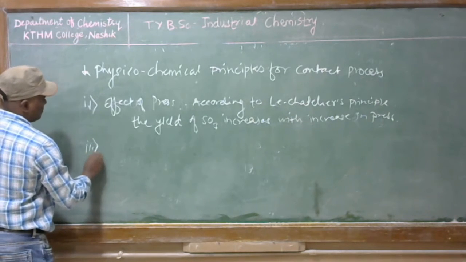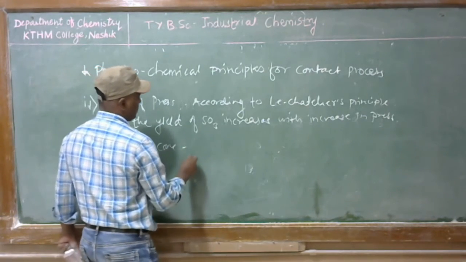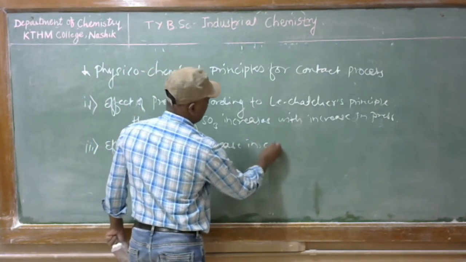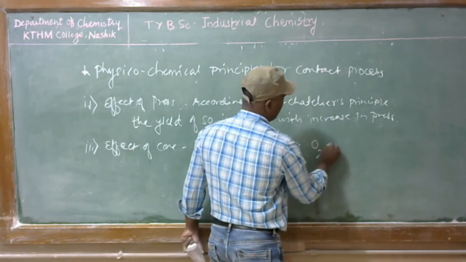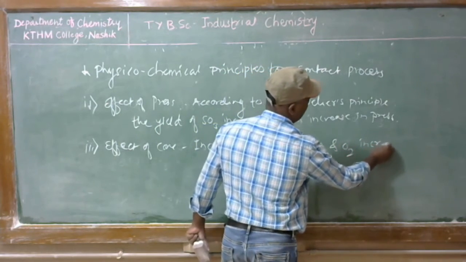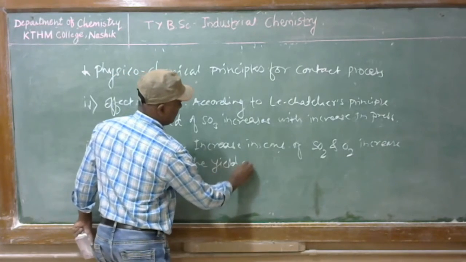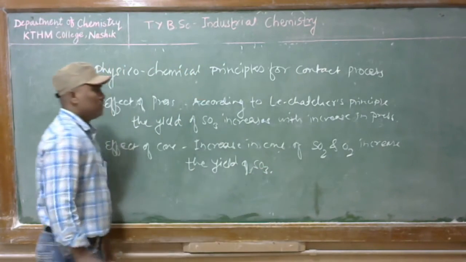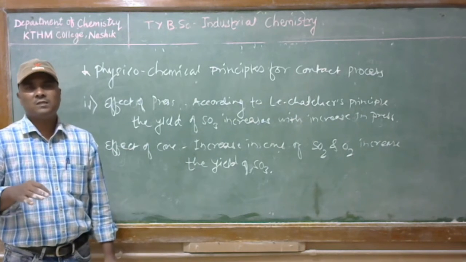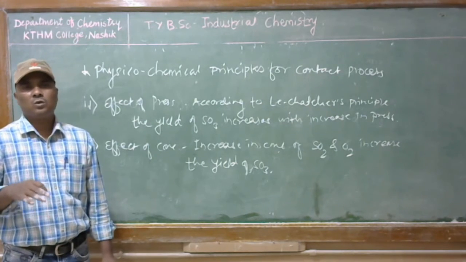And third, effect of concentration. Increasing concentration of oxygen, increasing concentration of SO2 and O2 increases the yield of SO3, because we have seen that when we take 2 volumes of SO2 and 1 volume of oxygen, it gives 2 volumes of SO3.